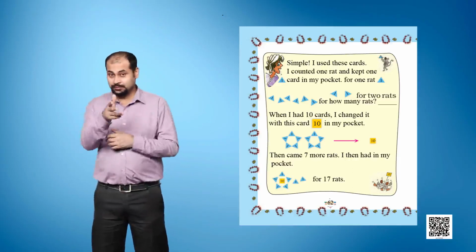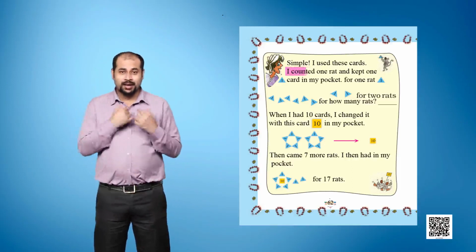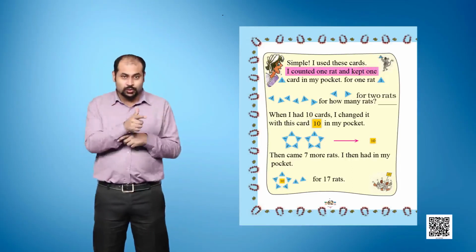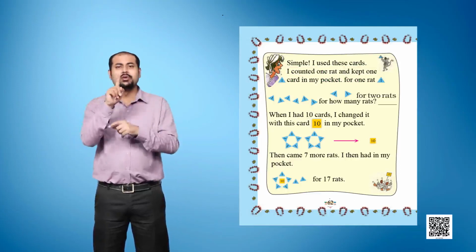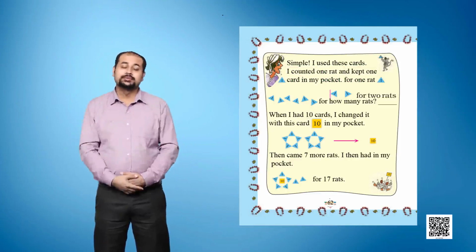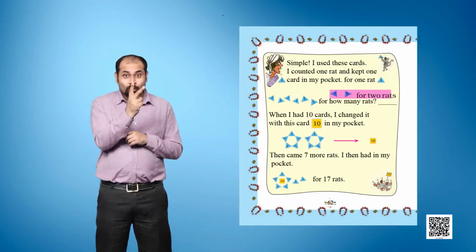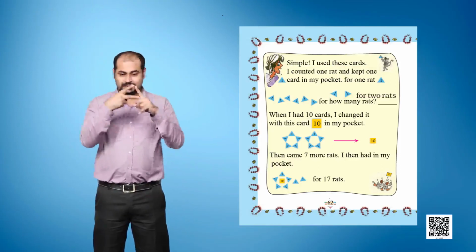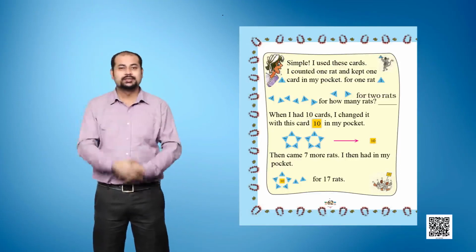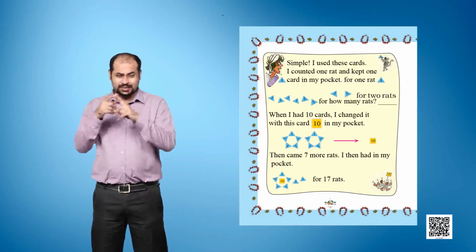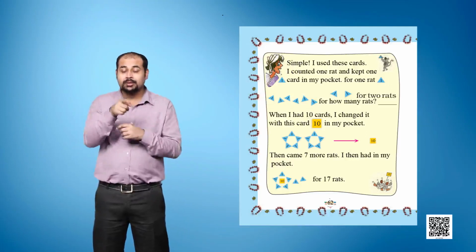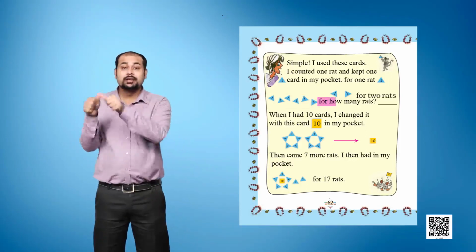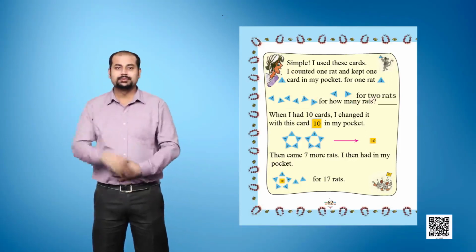And he says further, "I counted 1 rat and kept 1 blue card in my pocket for 1 rat. 2 blue cards for 2 rats." The picture shows 6 blue cards and the question you need to answer is, for how many rats?